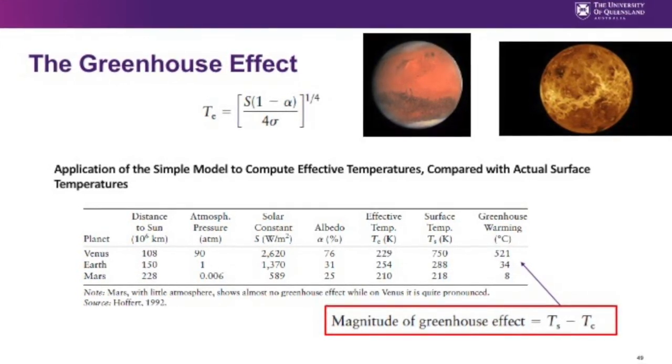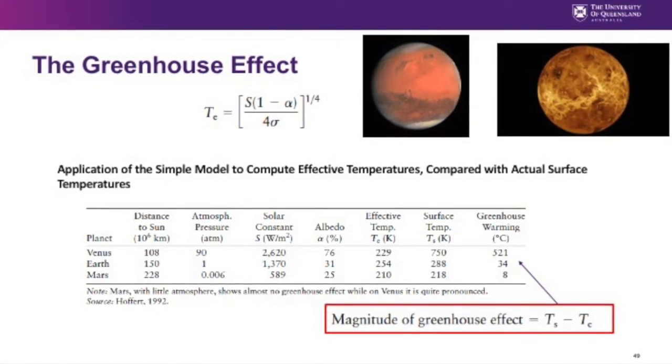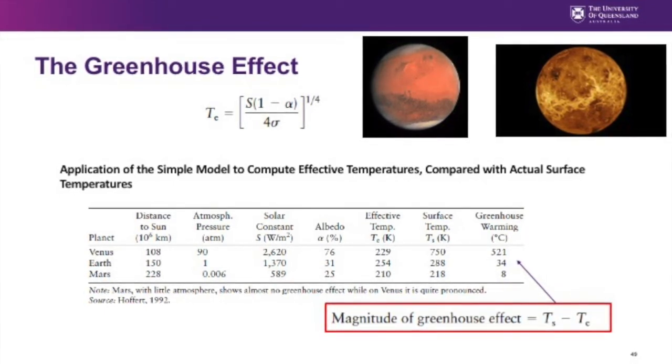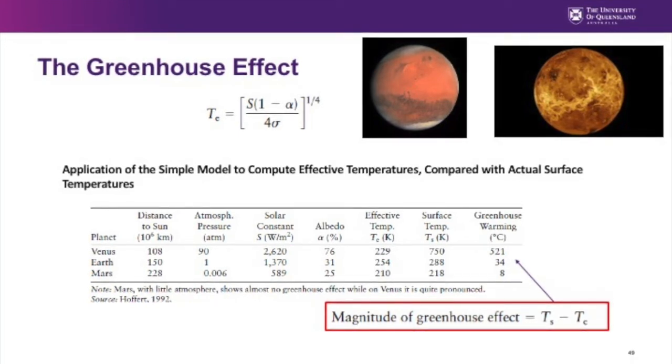So from the comparison of Ts minus Te, we also have the definition of greenhouse gas warming. It's a difference, and we can see how important the greenhouse gas effect is on these planets.